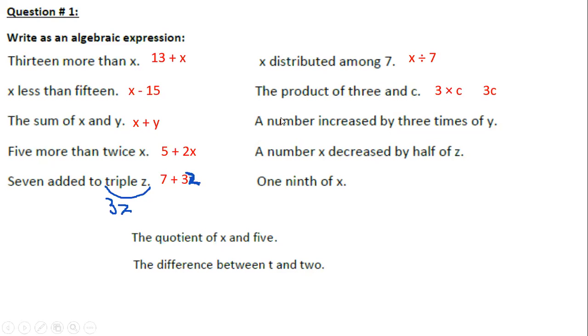I represent it by any letter you like: X, Y, Z, T, A, B. So when we read a number, I write X. Increased by is the operation plus. 3 times of Y means 3 multiplied by Y. So we write a number, which is X, increased by, plus, 3 times of Y, is 3 times Y, but we do not leave 3 times Y like that. So we write X plus 3Y. This is how we write it.